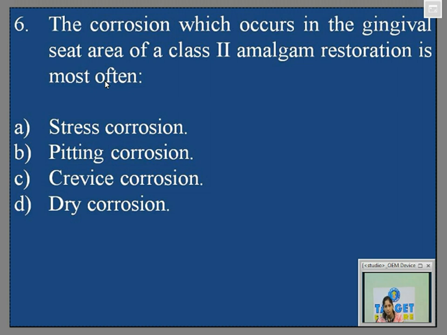Those areas will undergo crevice corrosion, because the base of that crevice will act as an anode and the top part of the crevice will act as a cathode. So that is a form of crevice corrosion.